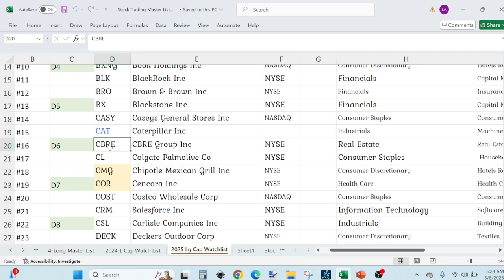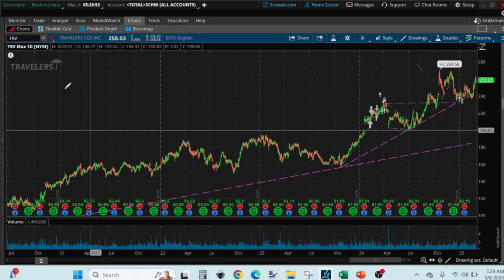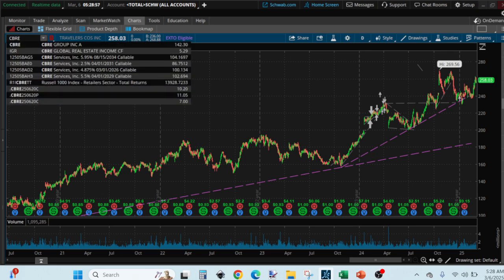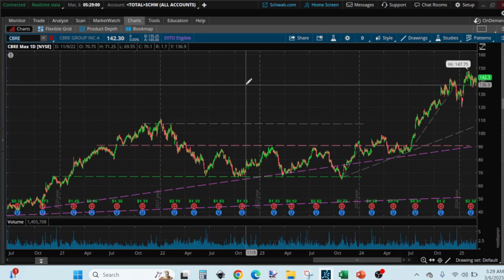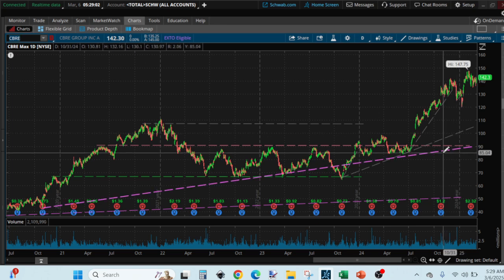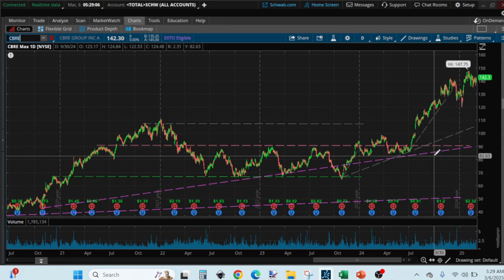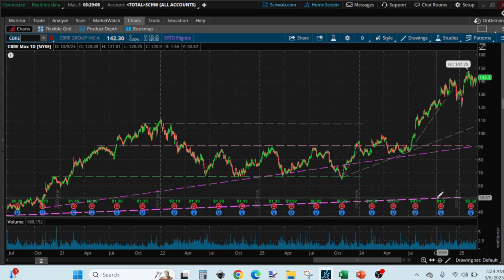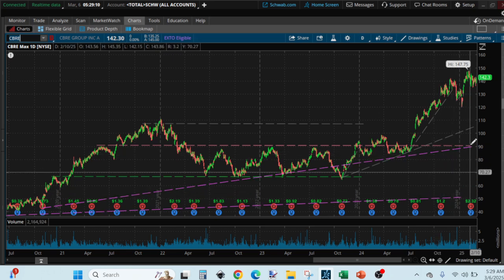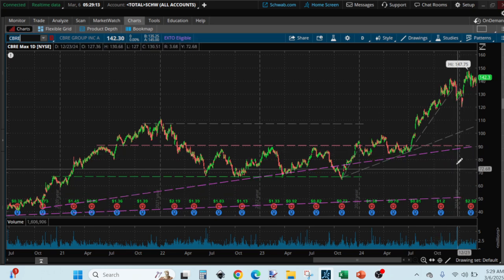So the first one we are going to analyze is CBRE. On CBRE, we have our trend lines, long uptrend lines that we like to buy the stock at when it comes back to them. But right now the price is higher up compared to that.